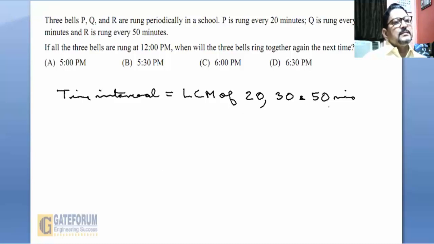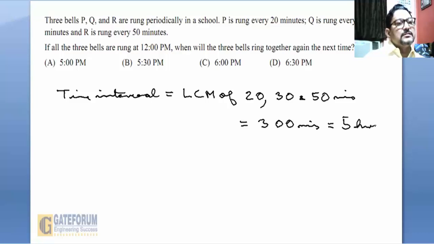Now what would be the LCM of this? 10 is common, 2, 3 and 5 are left, so 3 2s are 6, 6 5s are 30, 30 into 10 is 300. So the LCM is 300 minutes. That is equal to 5 hours.